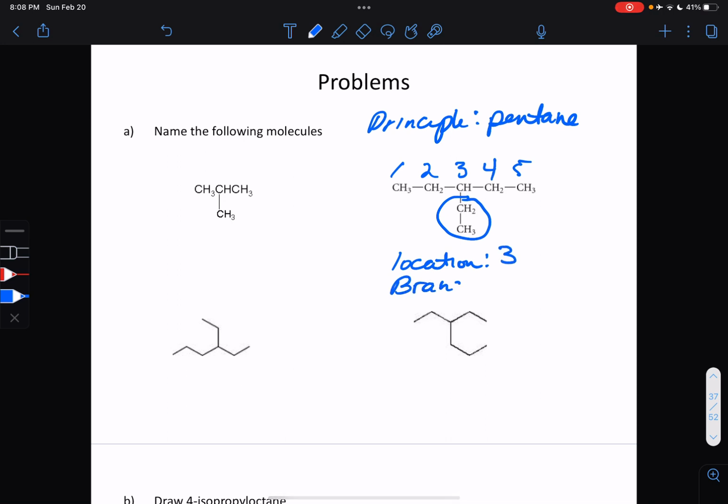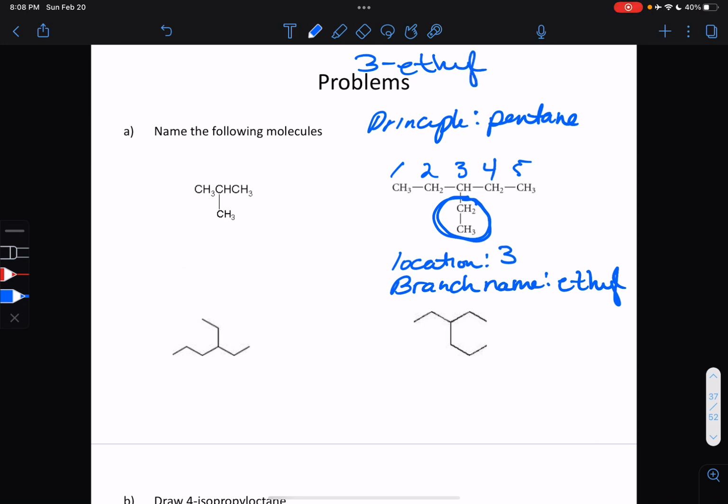And the branch name is what? You've got a 2-carbon branch here. Well, if a 1-carbon branch is a methyl, then a 2-carbon branch is an ethyl. And remember, that comes from ethane. So what we're going to have is what? Name it for me. What comes first? 3, and then a hyphen, because we're going to have a letter, and that's ethyl.